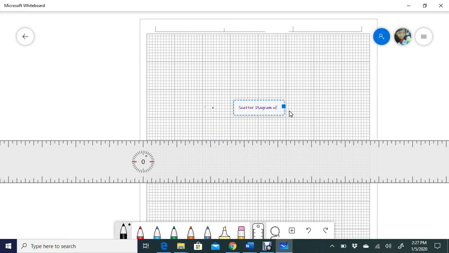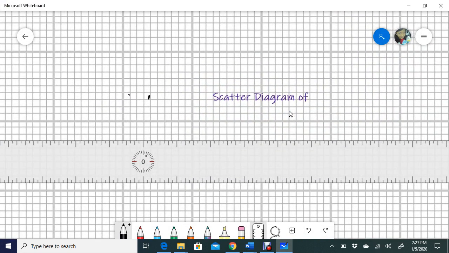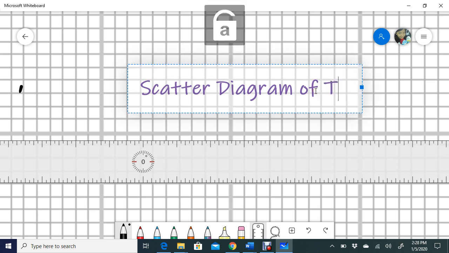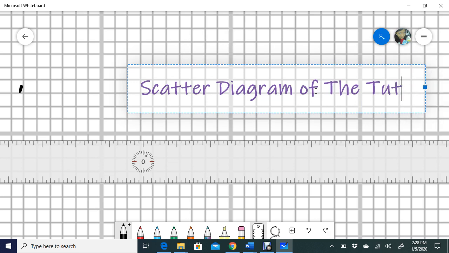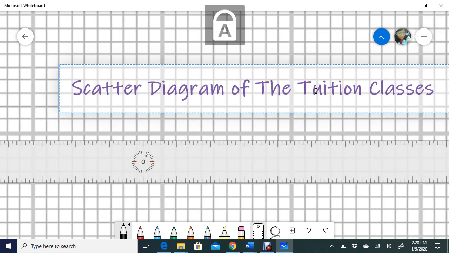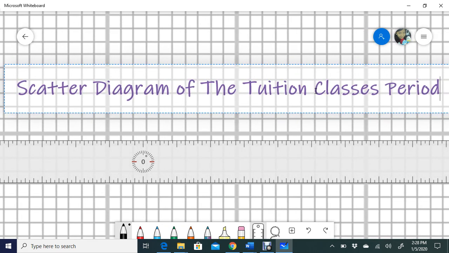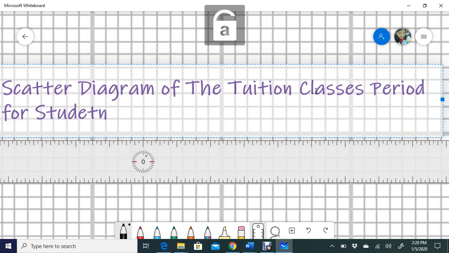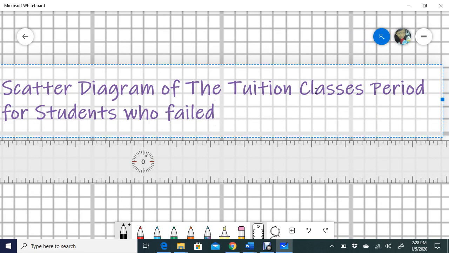Scatter diagram of the tuition classes period for students who failed in the examination.